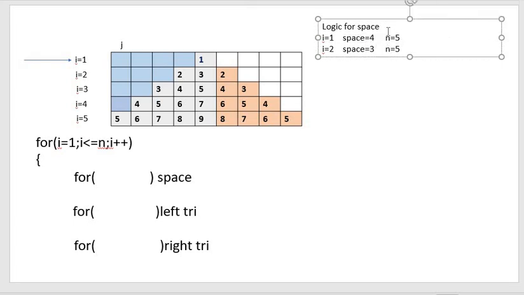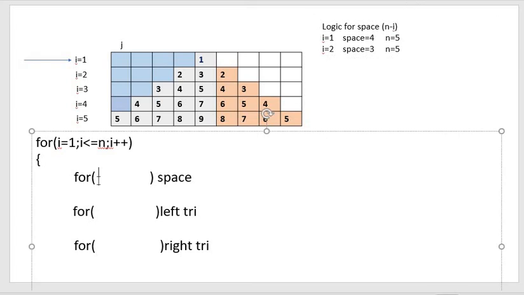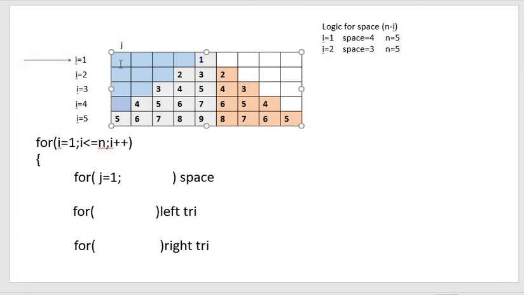So basically the logic is n minus I. That means j starts from 1, column 1, and goes till n minus I, which says n minus I spaces.